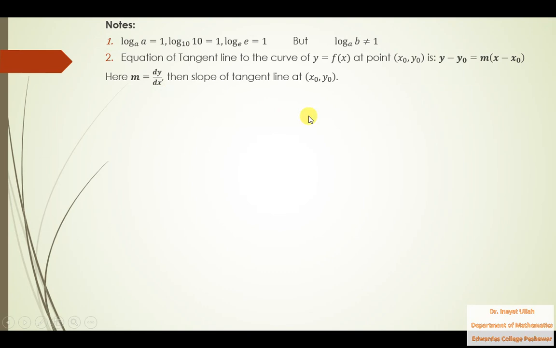We need to put the value of x naught, and if there is y naught, put the value of x naught and y naught in the derivative to get the value of m, and finally put the values of x naught, y naught and m in this equation to get the equation of tangent line. So that is actually question number 41 to 44 regarding the equation of tangent lines.